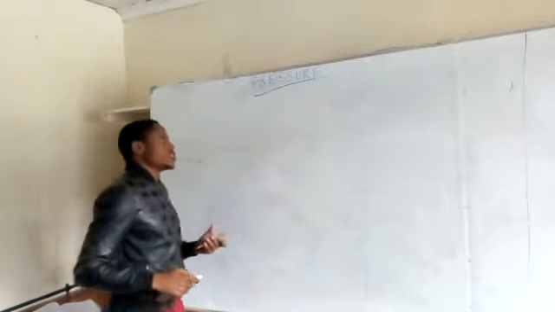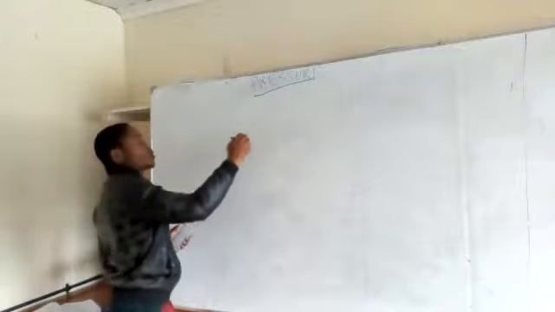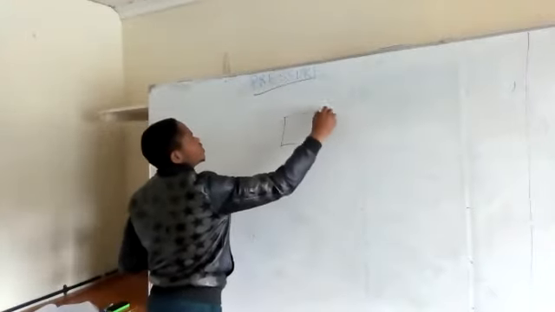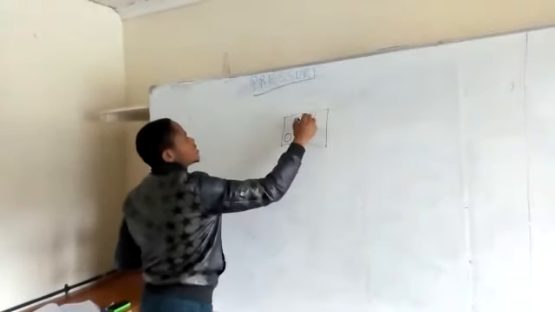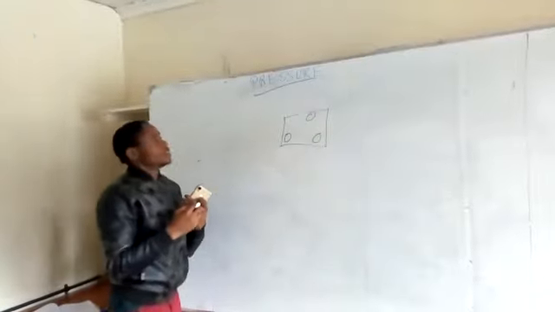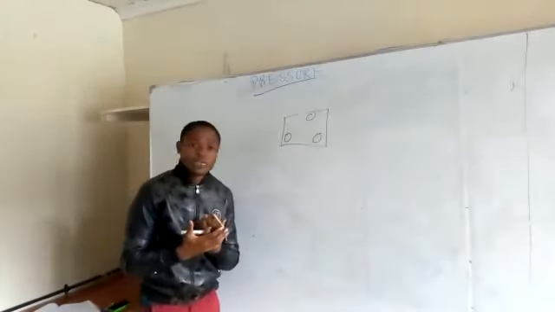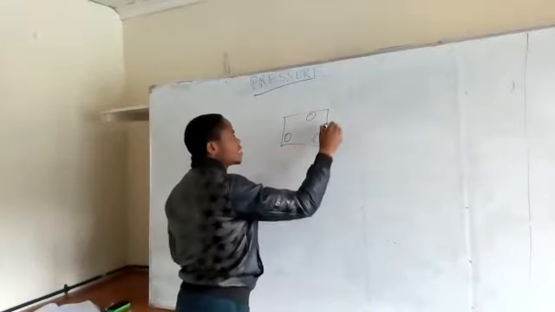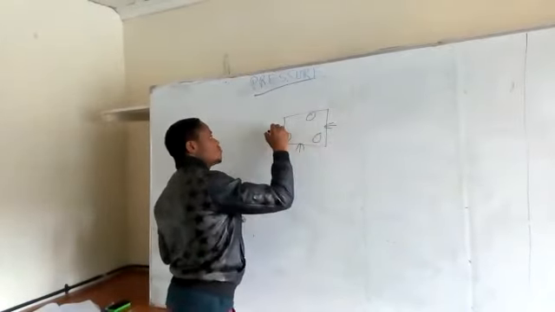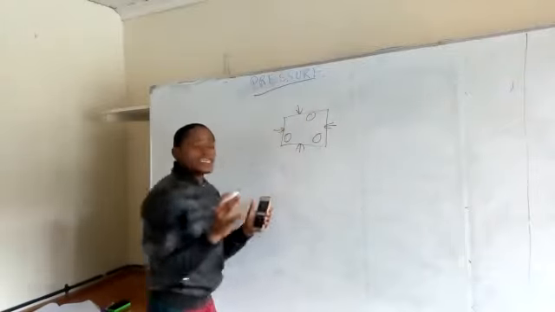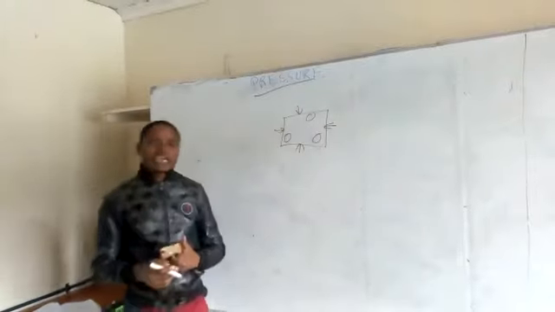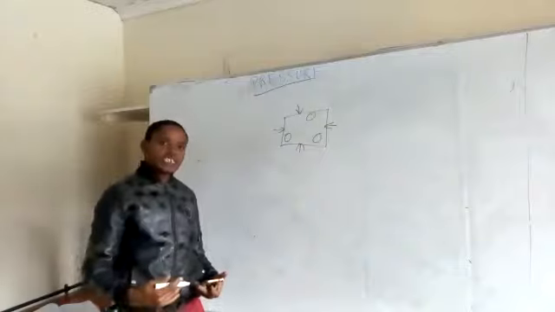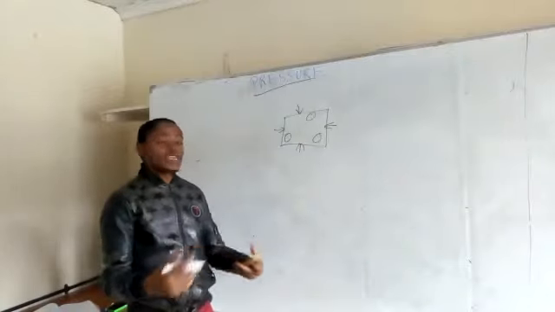If you still recall your Form 1 work, the kinetic theory, where you say that the particles in a gas are far apart and they move independently from each other. So when you compress, when you increase pressure, then you are bringing the particles together, and in short, it's like you are increasing the concentration of that gas.